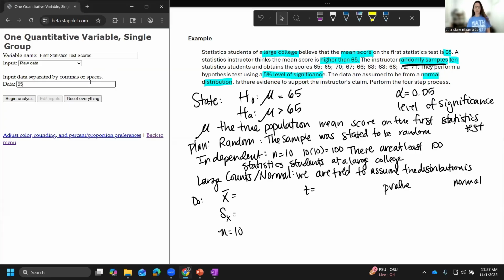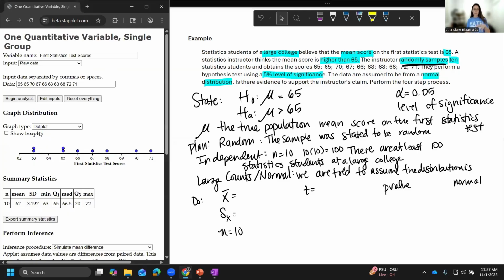So we have 65, 65, 70, 67, 66, 63, 63, 68, 72, and 71. Now, beginning analysis towards the bottom, you can see that the sample size was 10, the average was 67, the standard deviation was 3.197. Our degrees of freedom is n-1, which is 9.